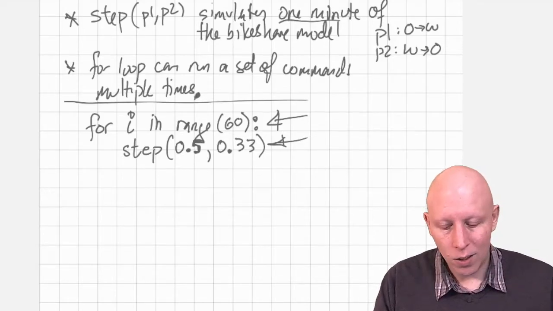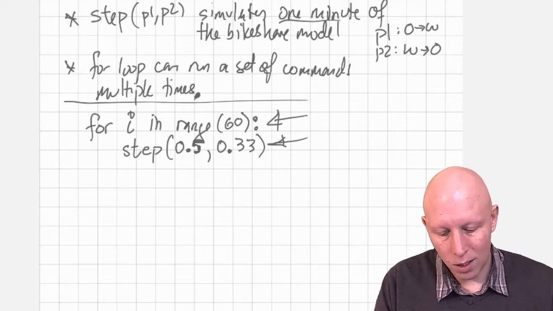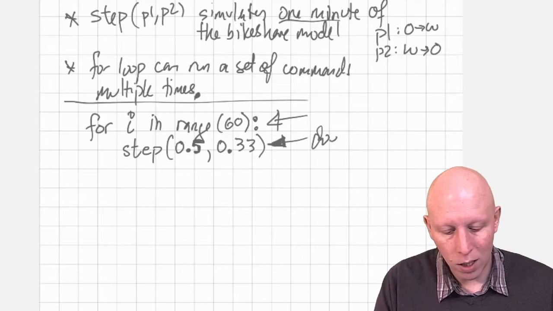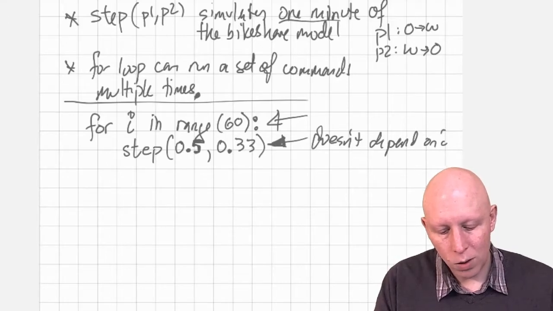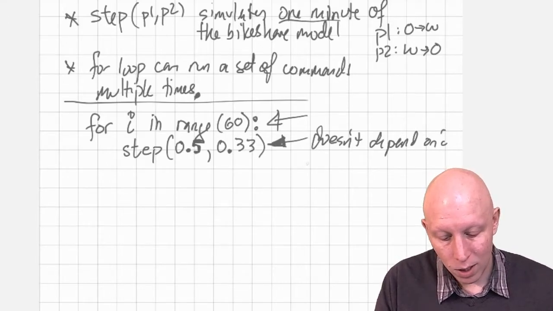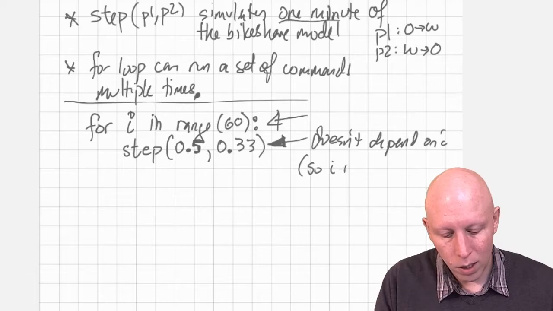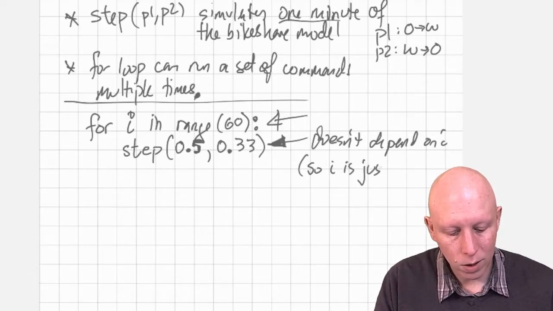Now you can see here that the step, the code in the code block, doesn't depend on i. So we're really using i just as a counter.